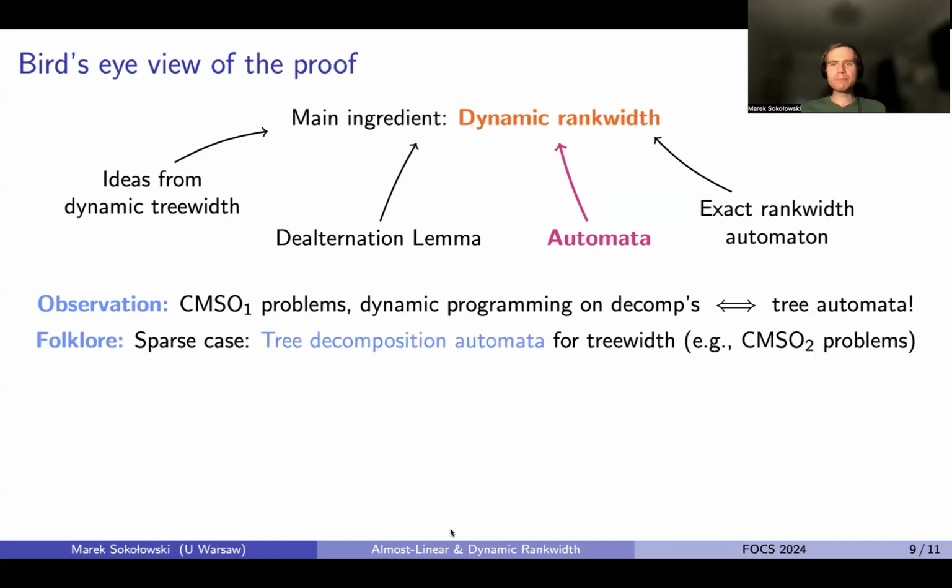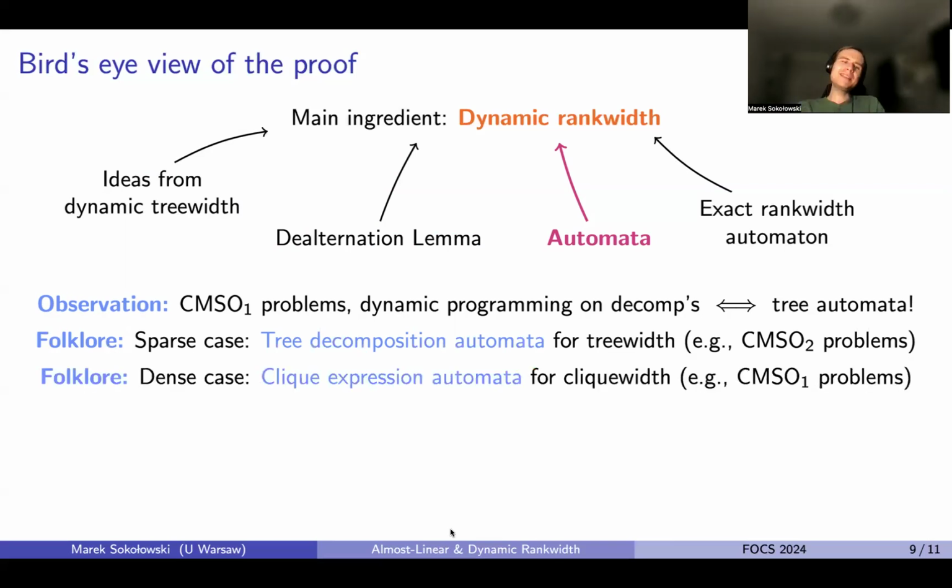So for instance, for the sparse case, we can define the so-called tree decomposition automata for tree width. And Courcelle's theorem says that we can use those to solve CMSO2 problems for graphs of bounded tree width. And in this case, we have clique expression automata for clique width that can be used to solve CMSO1 problems, as mentioned a few slides ago.